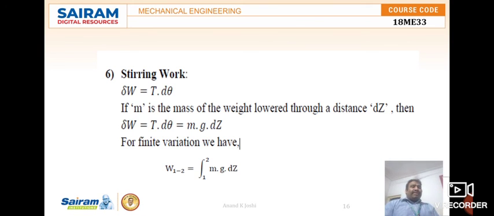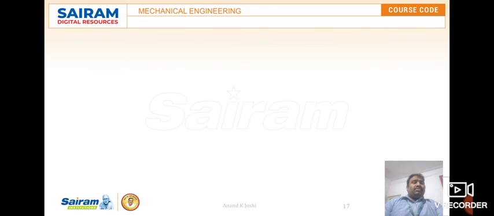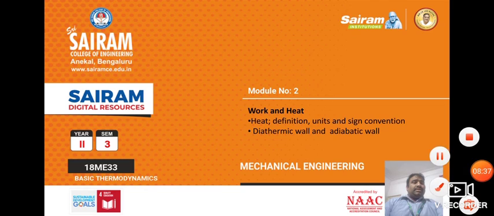So T d theta can be written as mg dz. For the finite variation, the equation is the integral from 1 to 2 of mg dz. This is how we can write stirring work in its different forms. I hope you understand the concept of the various forms of work.